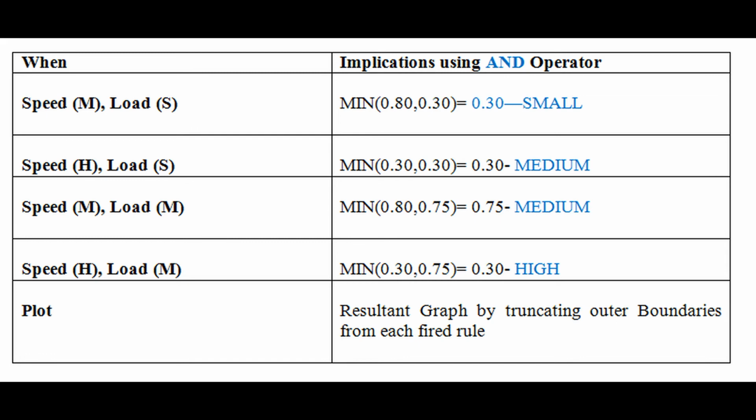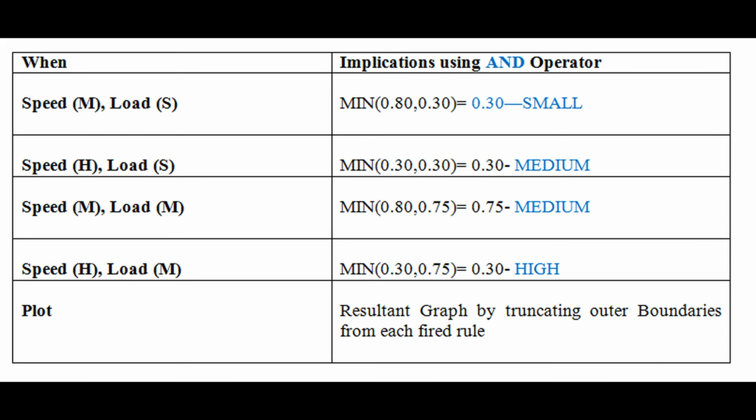Now, after forming these rules, we are very much sure that for a particular rule, we have a particular emission as an output. For each rule, we have one output graph as an emission graph, and in this particular table we have calculated the values of each emission graph.